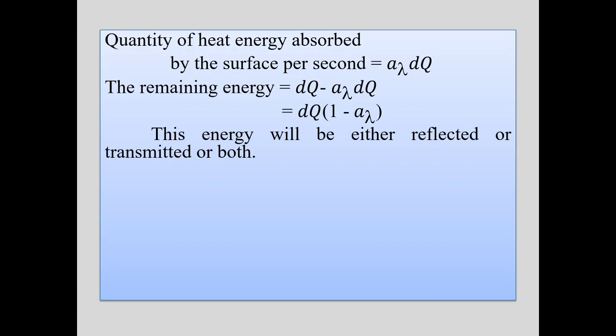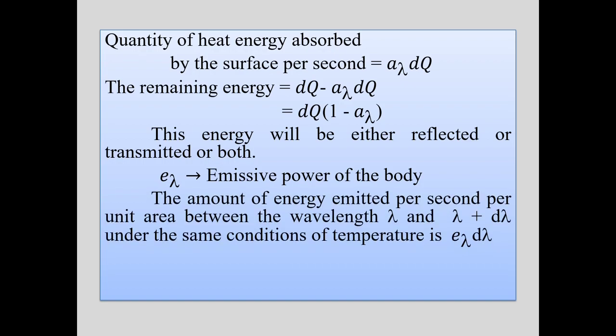This rest of the energy is emitted to the enclosure either by means of reflection or transmission, or by both. Let E lambda be the emissive power of the body kept inside the enclosure, and the amount of energy emitted by the body of wavelength lying between lambda and lambda plus d lambda under the same conditions of temperature is E lambda into d lambda.